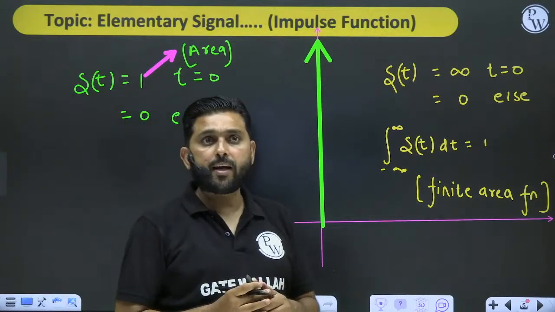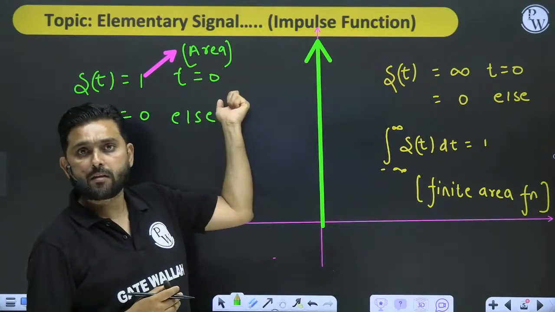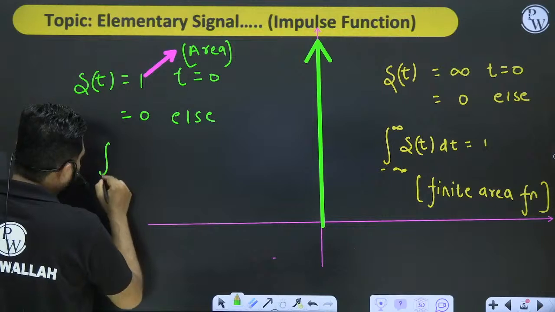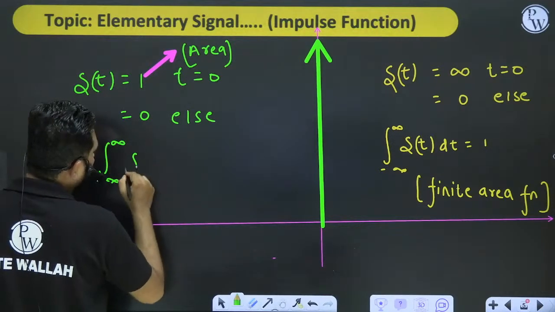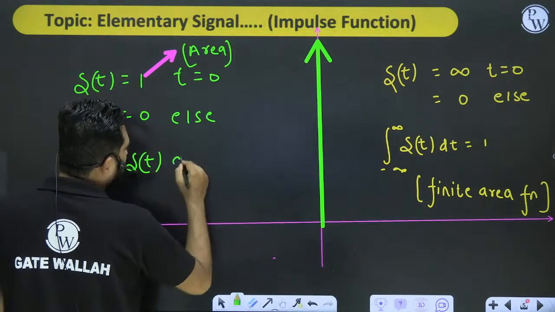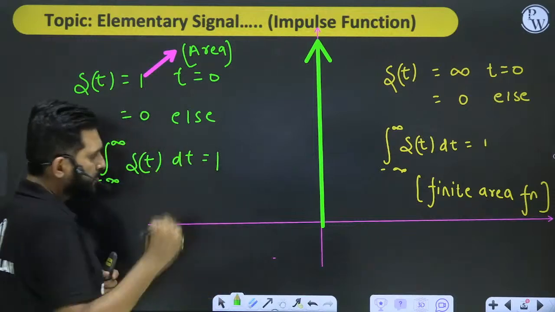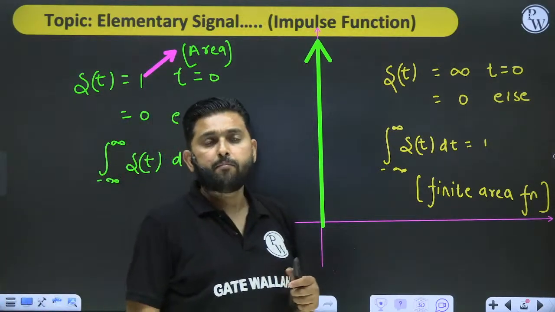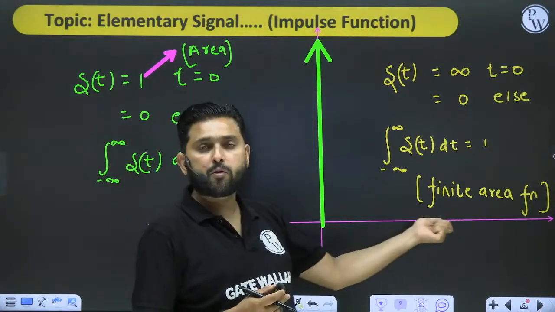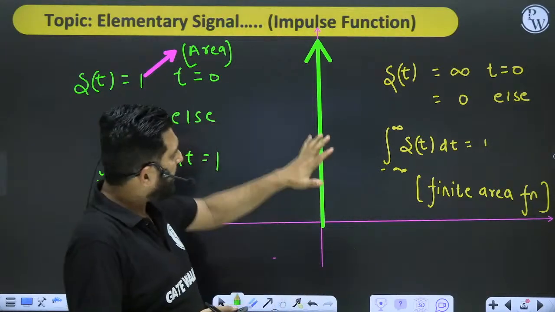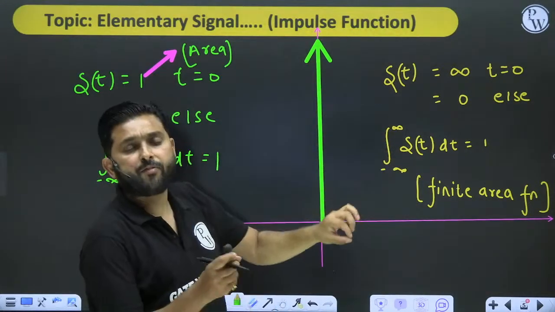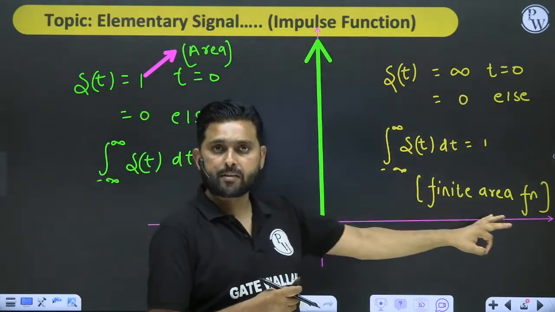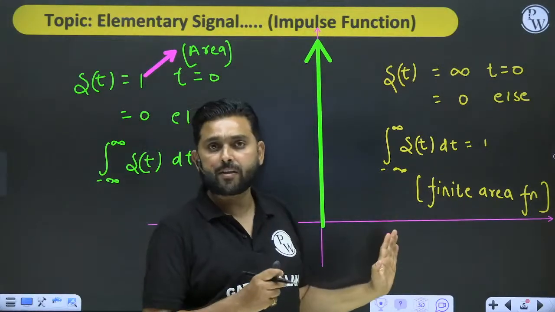This is the area of this function, and it is very clear that the integral from minus infinity to infinity of delta t dt is equal to 1. So this is a function which I am representing by its area. This is a finite area function.